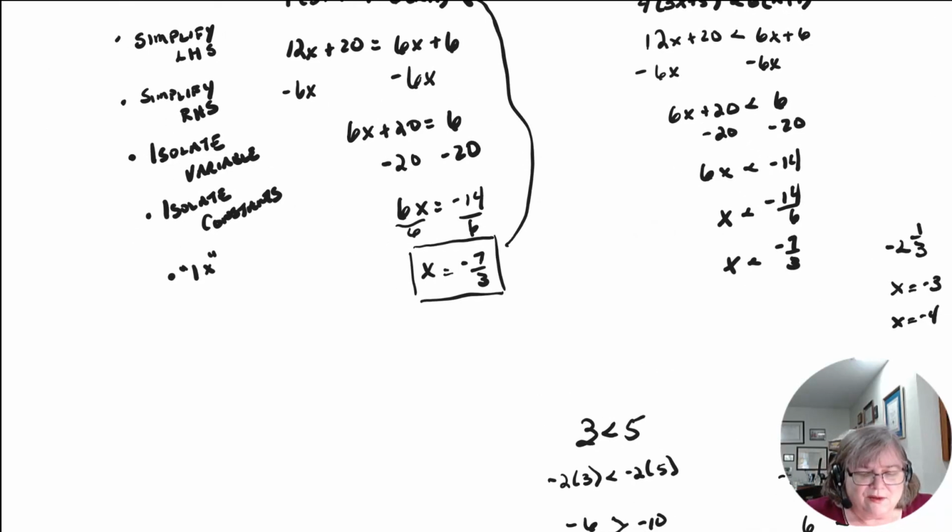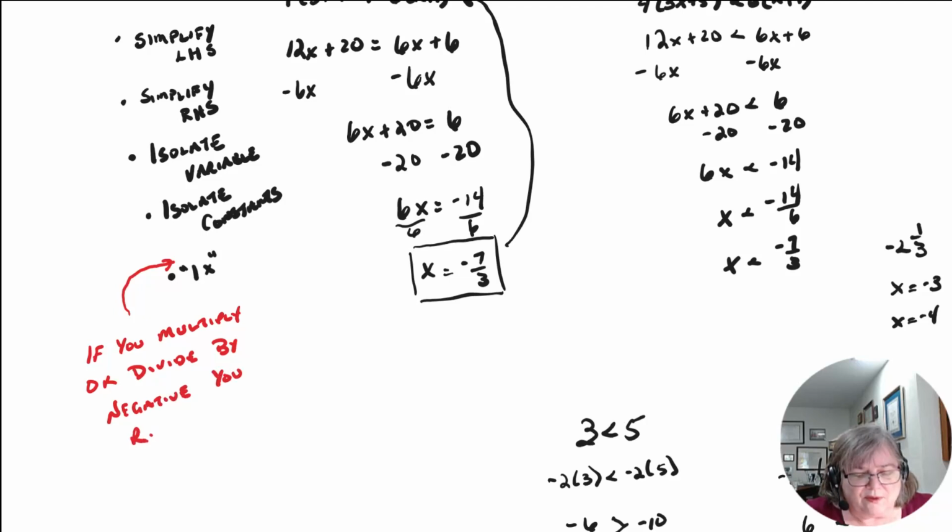So over here on our little list of statements, you can use the same statement you had, but right in here where you're getting ready to multiply or divide by whatever to get a 1x, you're going to have to make a little extra note for you to follow that says if you multiply or divide by a negative, you reverse the inequality.